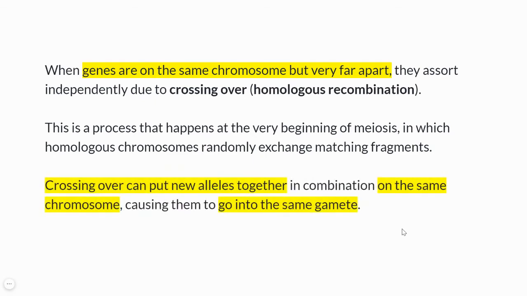So, crossing over can put new alleles together in combination. That means if on the same chromosome there are two genes that we are going to study, crossing over can lead to exchange of these two genes and their alleles. Let's see how this will look.